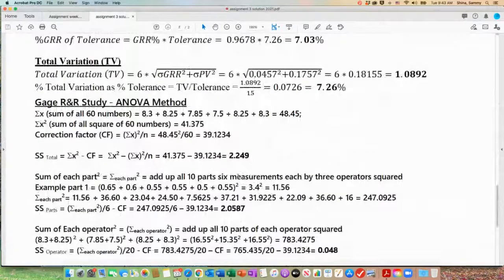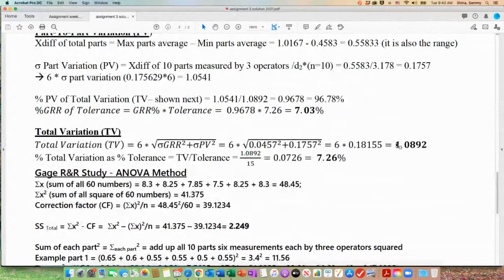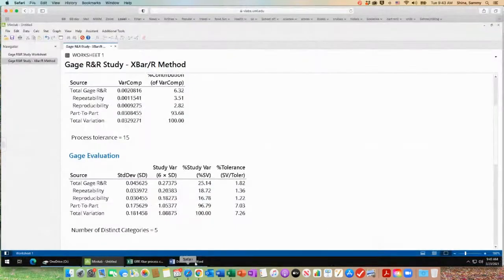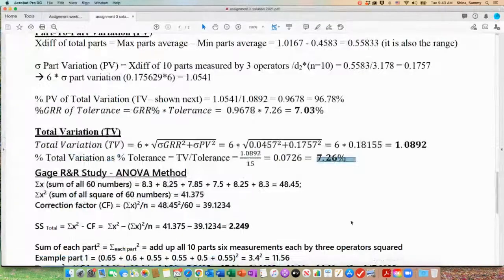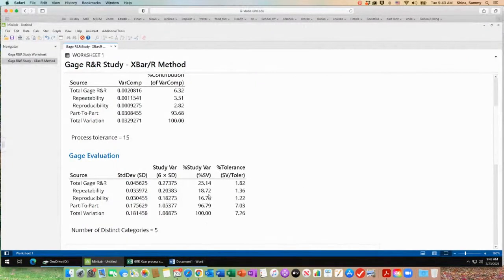Total variation is 108 and 726 as percentage of the specification. So it matches. It matches our hand calculation. 108, it's 100% because everything here is from total variation. It's 726. 726 right there. Okay, so it matches.